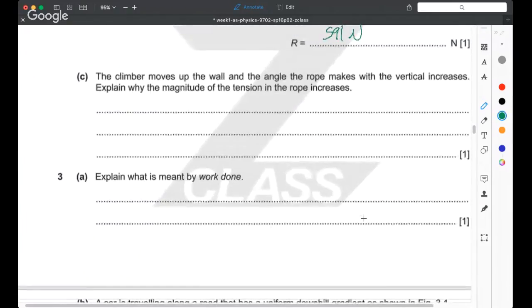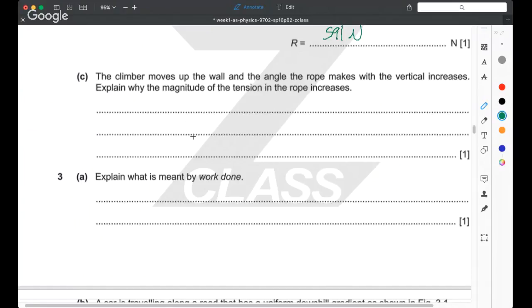As the climber moves out, what do you think is the answer here? As he climbs up, that angle will increase.